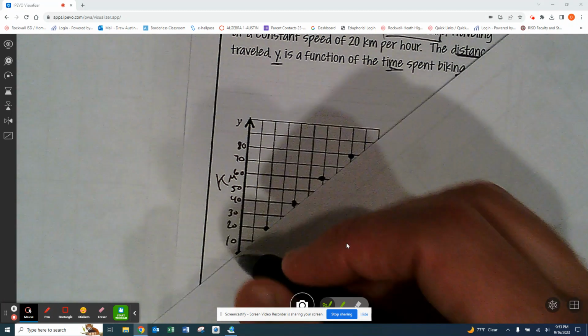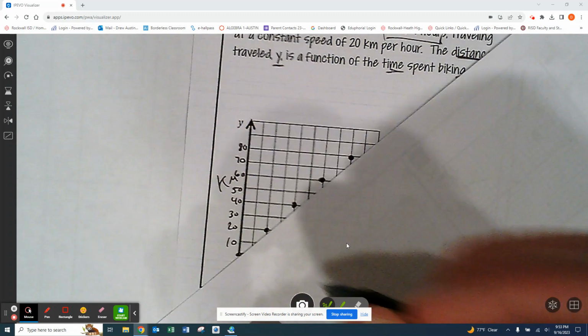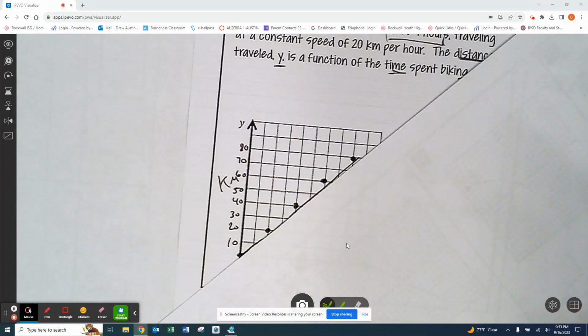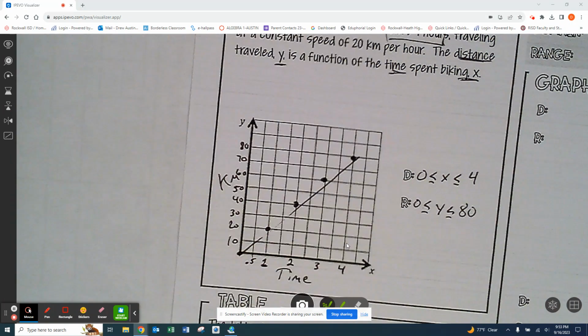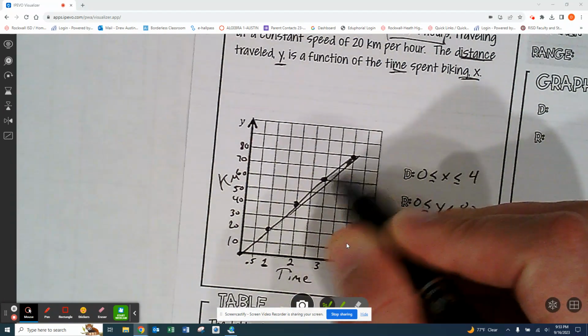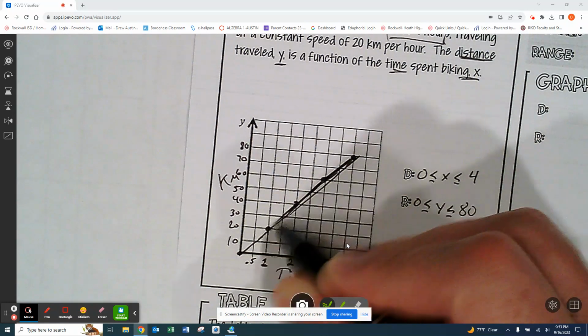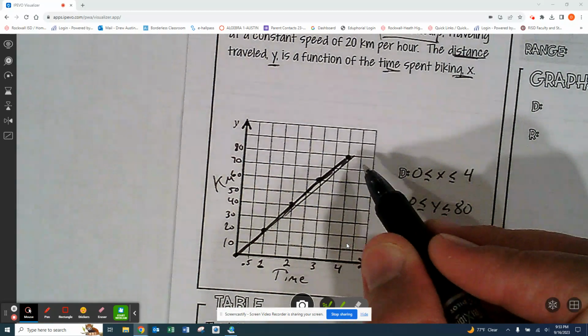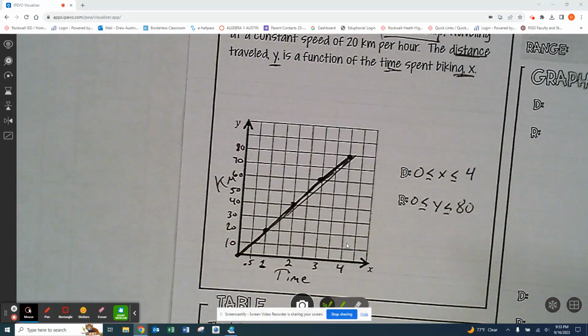So I'm going to go ahead and connect them a little bit here. Use another piece of paper to help me out. And I kind of missed, but that's okay. But I don't go beyond there because I stopped biking at 4 hours.